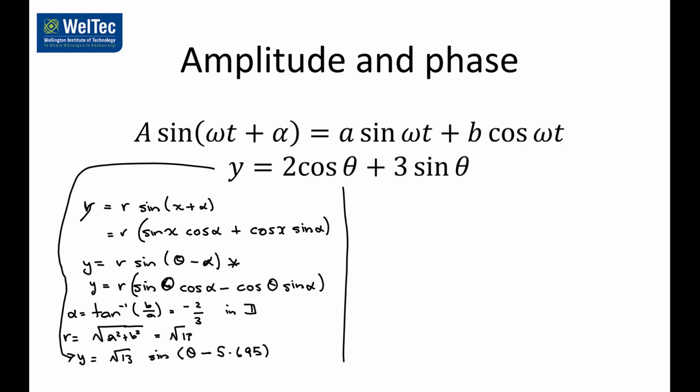We can also write it as the first one, y equals r sine theta plus alpha. Now perhaps this time it might be easier to see what we're actually doing. Let's write the expansion out.